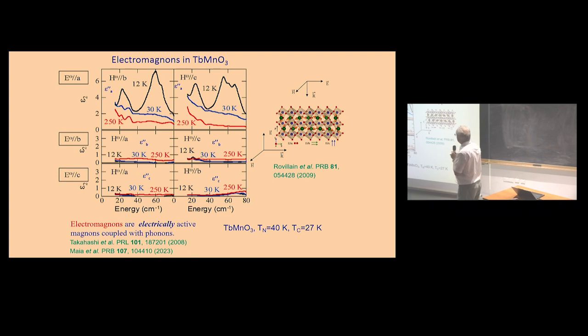But if it would be just a magnetic excitation given by the magnetic vector along the B-axis, then it should be seen in this spectra, but it is not seen. So it is seen really due to this electric polarization of terahertz radiation. So therefore it is an electrically active magnon.